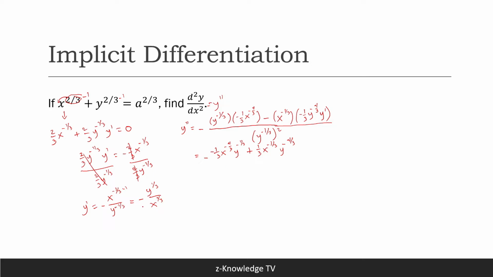Then yung y prime natin is ito. Okay? Multiplied by negative x raised to negative 1/3 over y raised to negative 1/3 divided by, so squared na to, no? So magiging y is to negative 2/3.